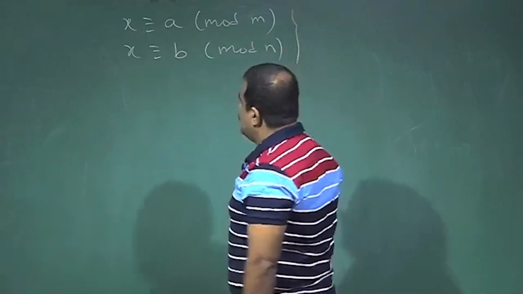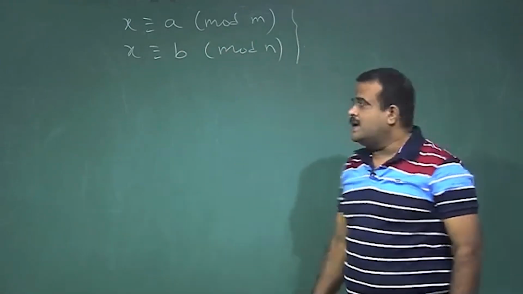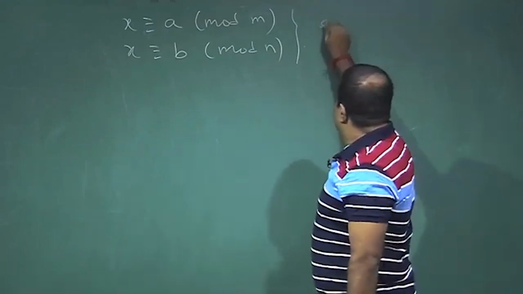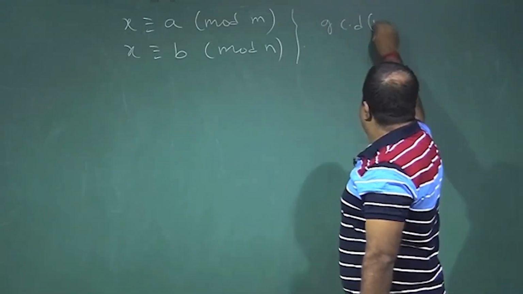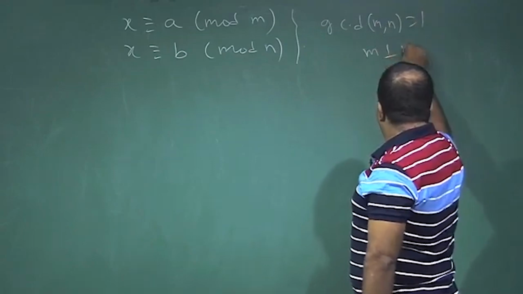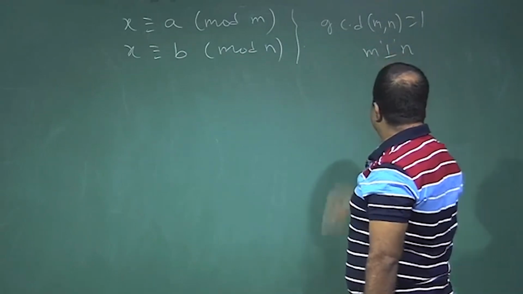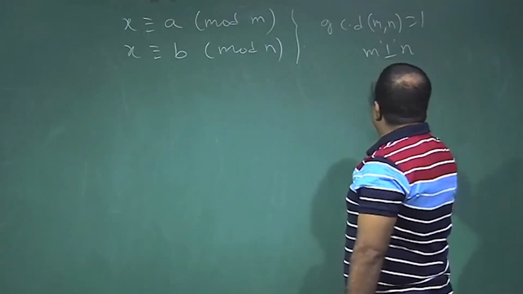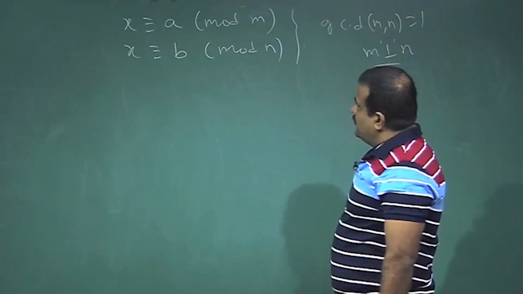So these two are the modular equations we have, and here we are assuming GCD of m and n is 1. That means m is relatively prime to n, both are relatively prime to each other.